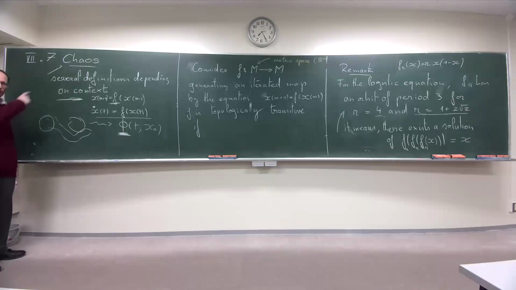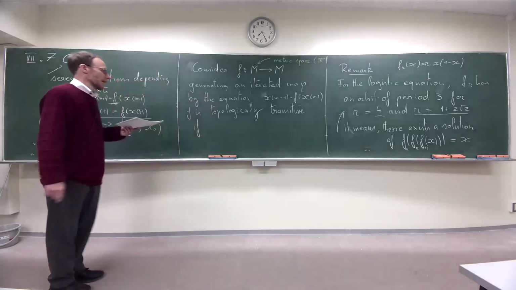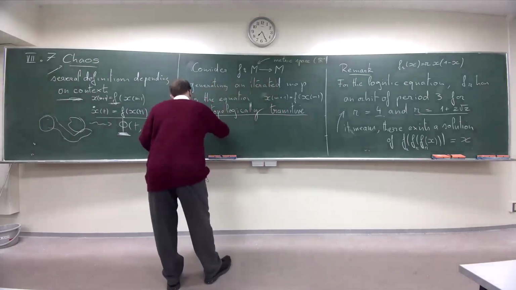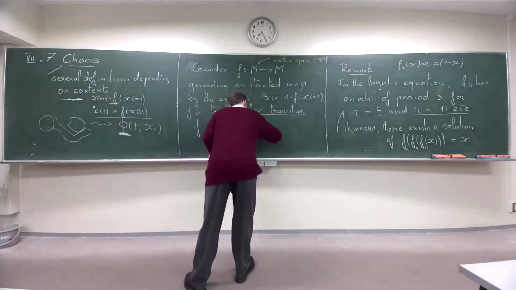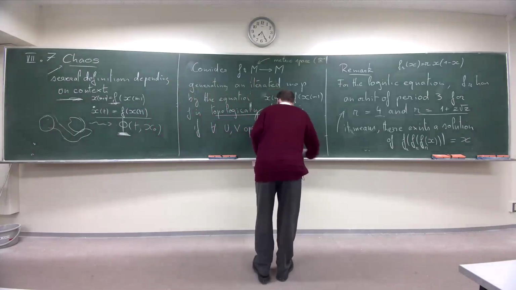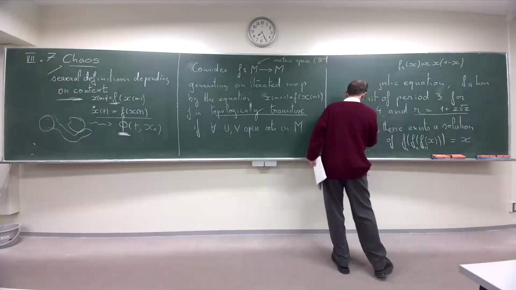It means it mixes any two sets after some time. So in the discrete time, it's exactly this. It's topologically transitive if for any U and V open sets, non-empty, okay, it should not be empty.